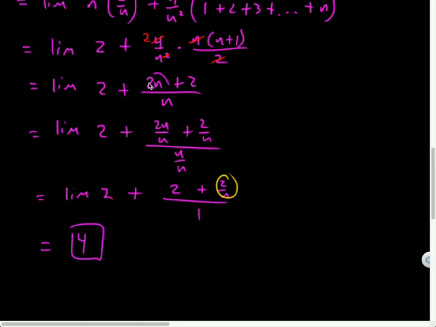Well, you can't quite just cancel out the n's. It would be 2 plus 2n over n plus 2 over n. Yep, you could have done that as well. That's fine. And then it'd still be 2 plus 2 plus 0. Yep, so definitely multiple approaches.